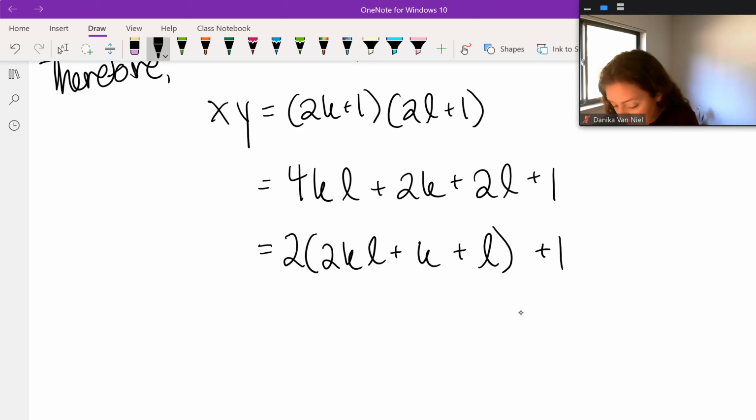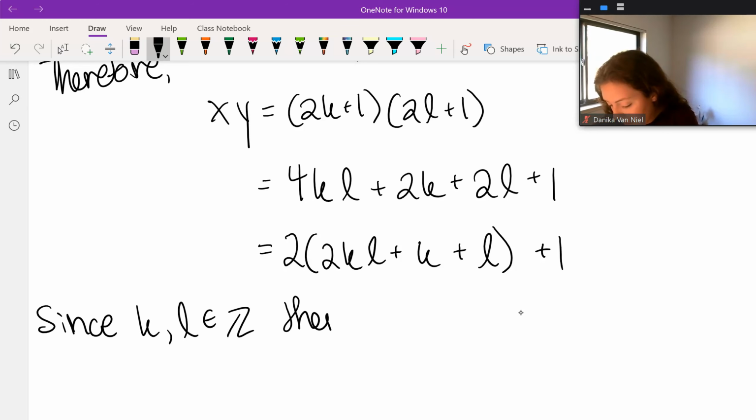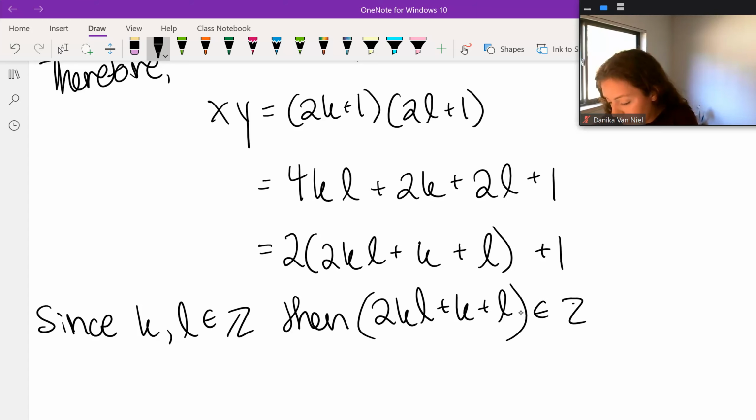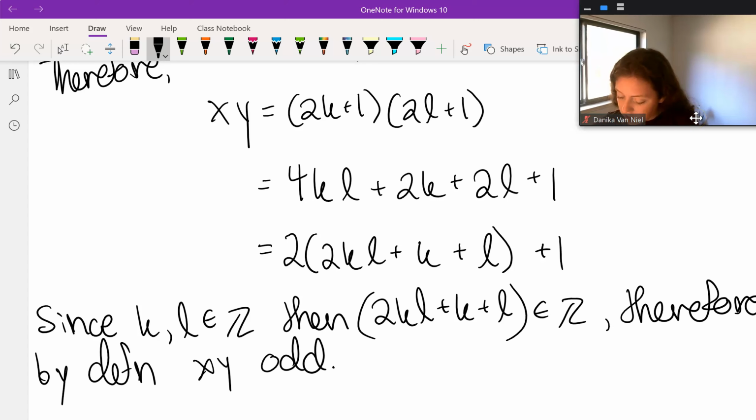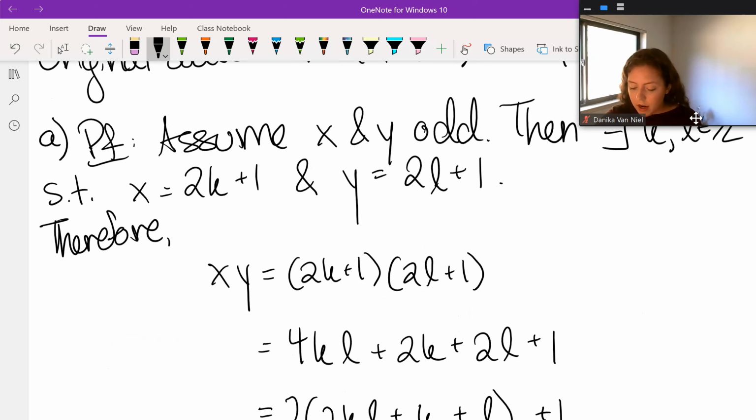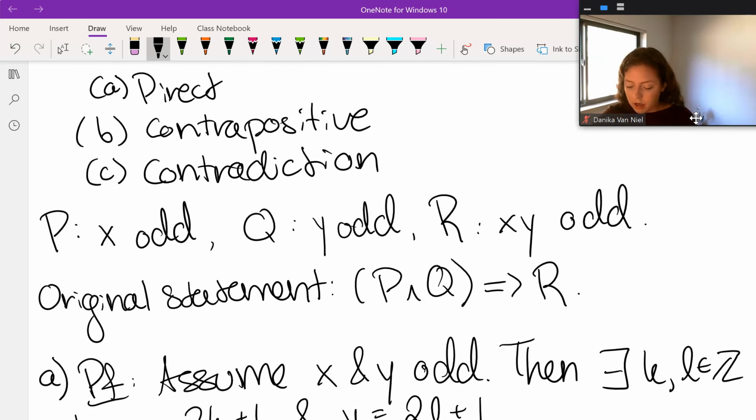All we have to say is, since k and l are integers, then 2kl plus k plus l is an integer. Therefore, by definition, xy is odd. Cool.